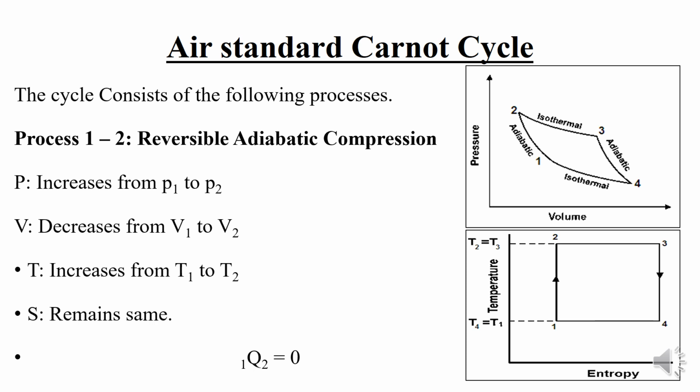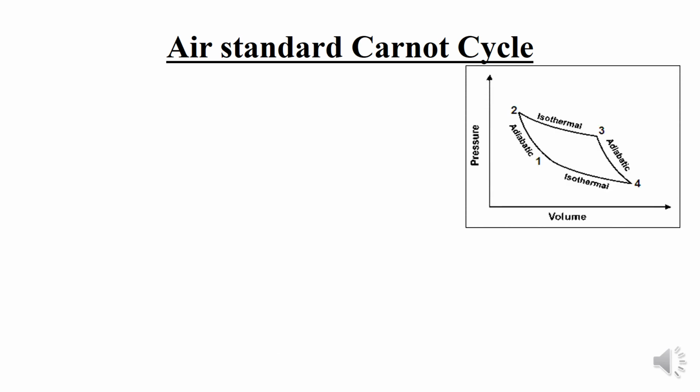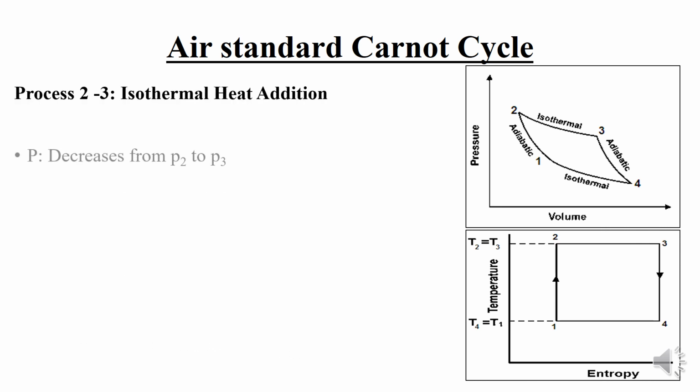Since it is a reversible adiabatic process, the heat addition during this process is 0 because entropy is constant. What about work done? Work done is given by P1 V1, the initial state, minus P2 V2, the final state, divided by gamma minus 1.